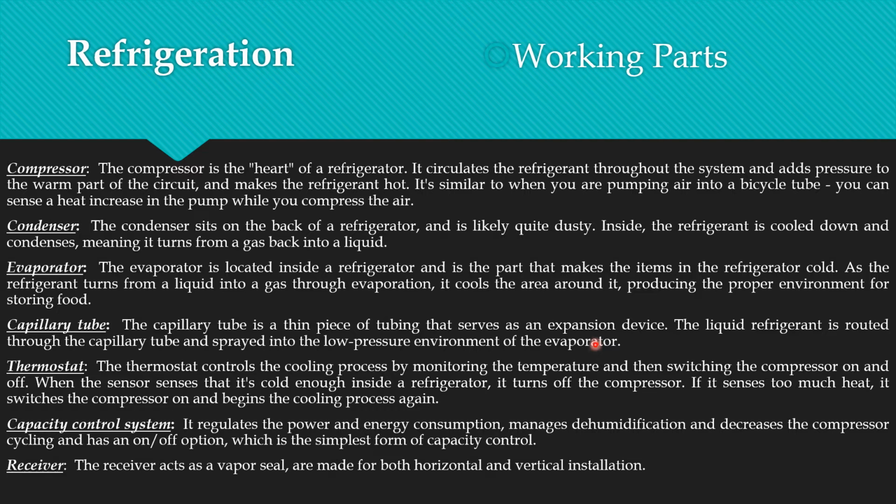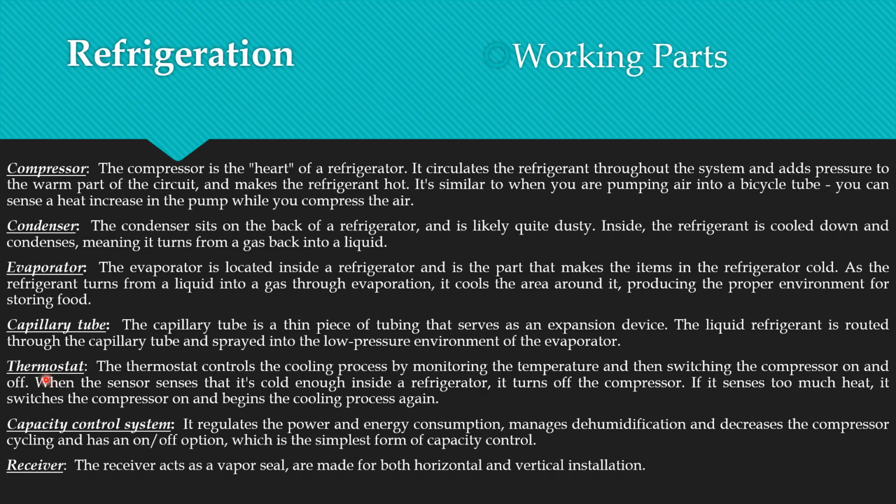So that low temperature liquid goes to the evaporator, where first it enters the freezer, where the cold temperature is exchanged in the freezer first, then it will go to the other chilling compartment or chilling area. So the liquid becomes gas, and the heat is exchanged.